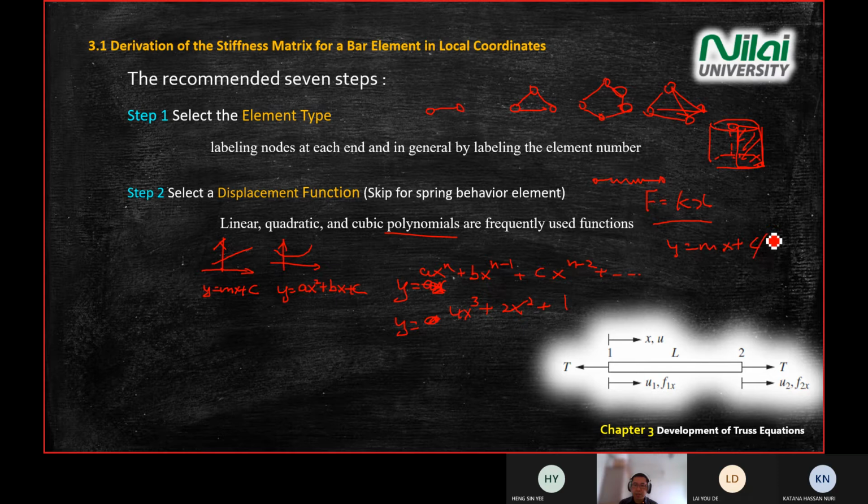So your c is 0, your m is k, your y is F. So this is a linear equation. So for this chapter 3, when you deal with a bar, step number 2, you can straight away skip because we know that we are using Hooke's law. Although the word skip here means you already know the function that you use for displacement, you're going to use Hooke's law, F equal to kx.